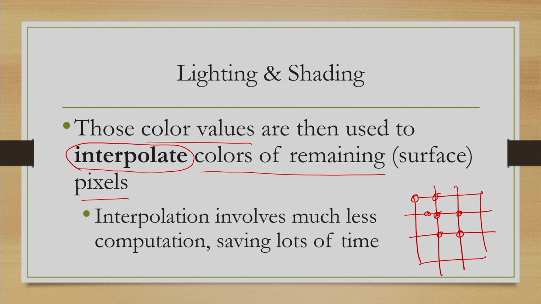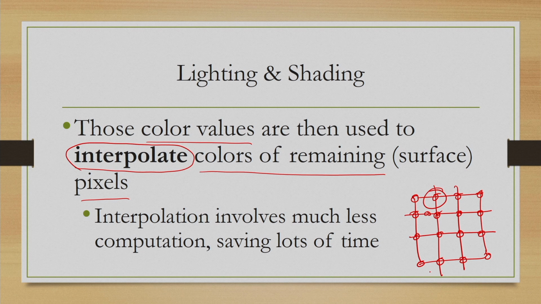So, there are a total of 16 pixels that constitute the surface. Among these pixels, we may apply the lighting model to compute the color of only one pixel and then use it to interpolate the color of the remaining pixels.